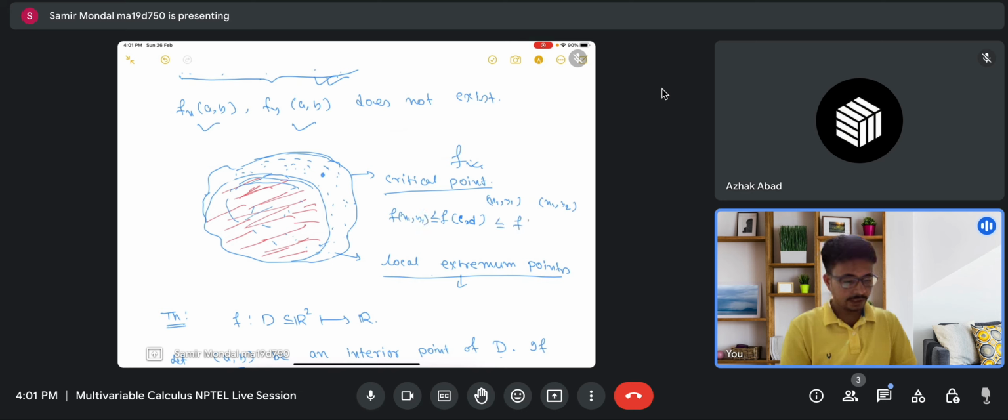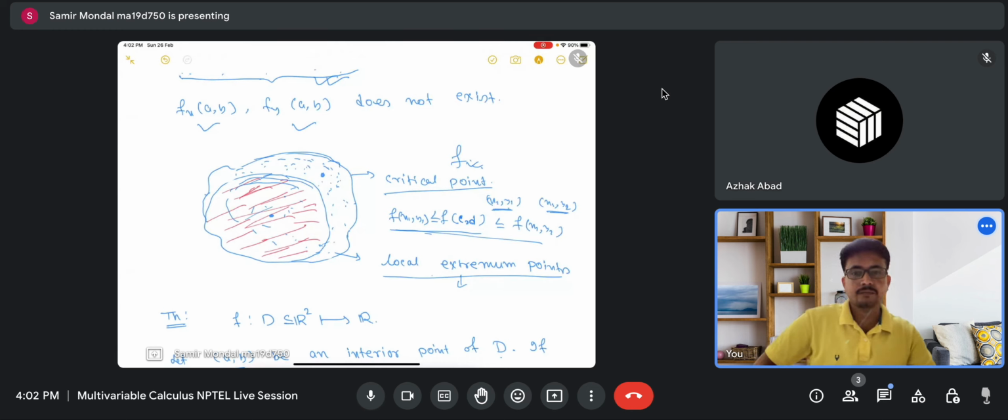Properly we can say that all functional values are less than or equal to this one on some neighborhood, or greater than or equal to f of (a, b) on some neighborhood. But for those other points, we will get some close points (x1, y1) and (x2, y2) near (a, b), such that this will happen. Is it clear or not?